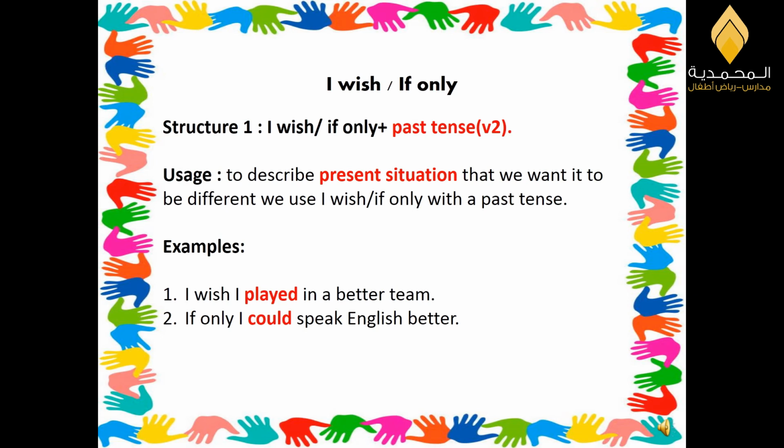Number 2, if only I could speak English better. Am I speaking English in the best way? I'm not. That's why I'm wishing, okay, to speak English in a better way. So we use verb 2.